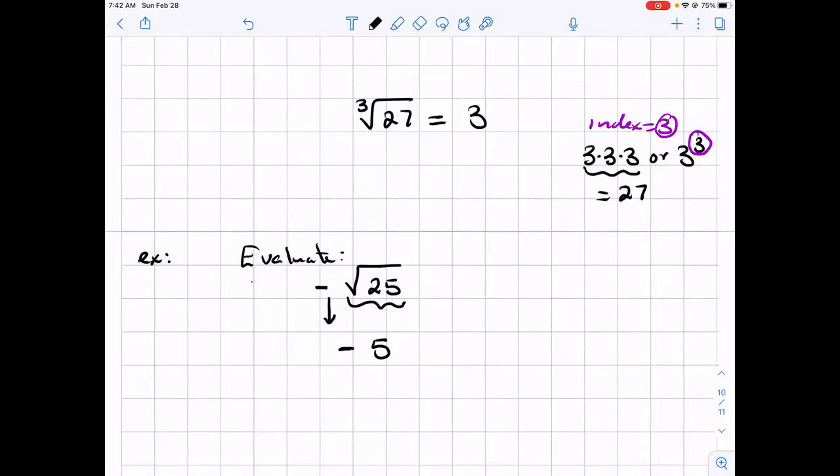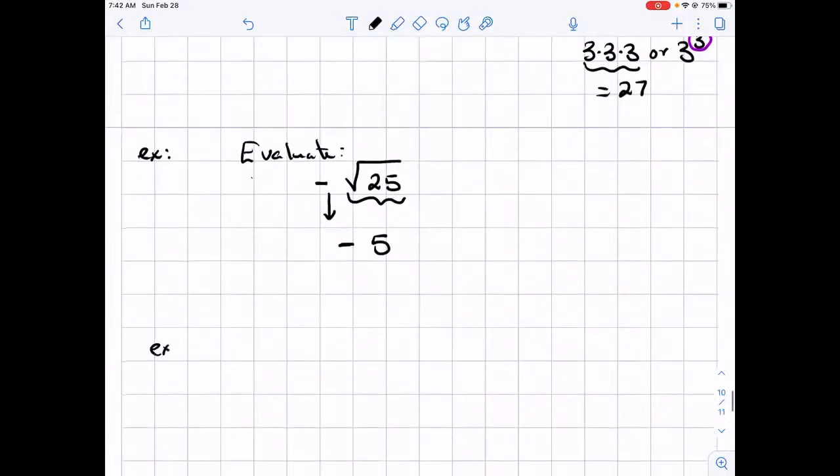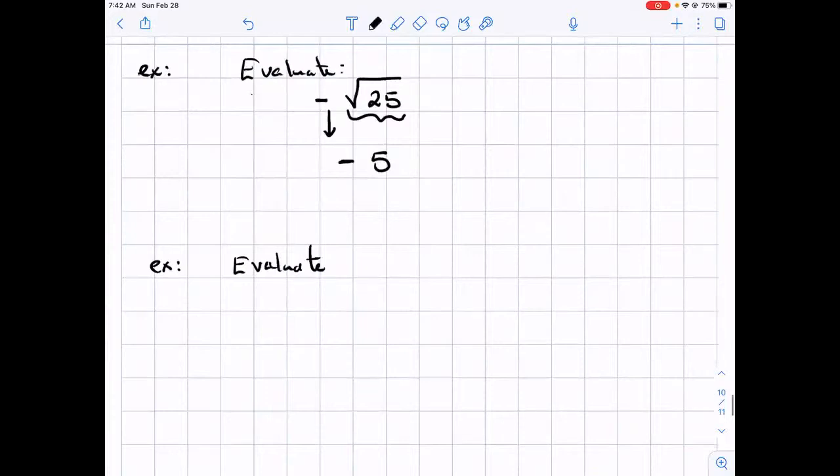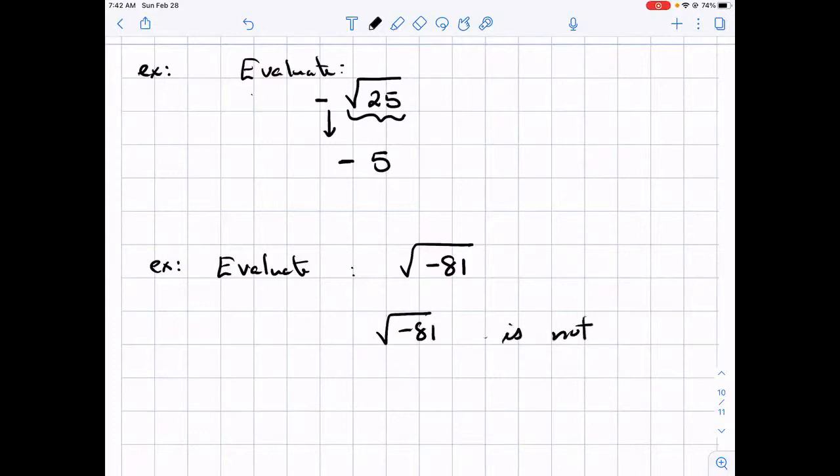On the other hand, if I ask you to evaluate the square root of negative 81, in this case, it's not. So the square root of negative 81 is not a real number.